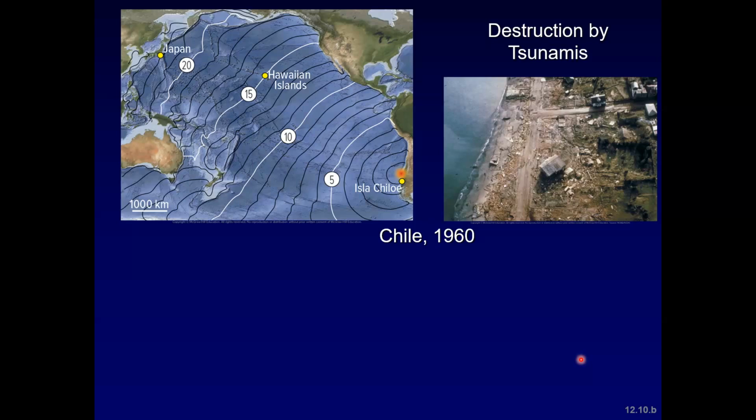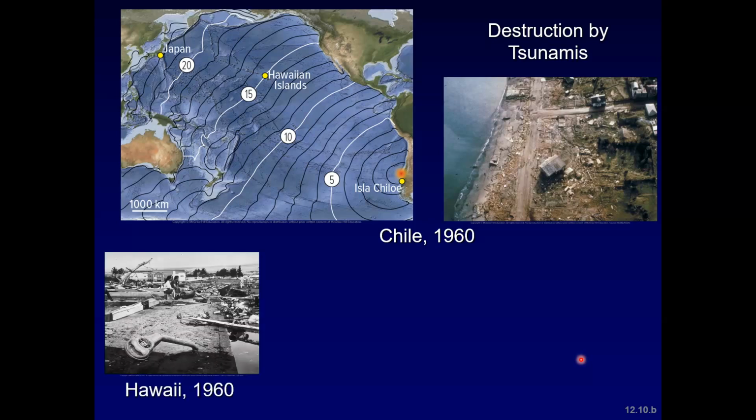And then in Hawaii, same year, same tsunami, it was hit by the Chilean earthquake tsunami 15 hours later. Actually, 61 people lost their lives. And then beyond that, it continued to travel to Japan. So several hours later, 140 people in Japan lost their lives because of this.